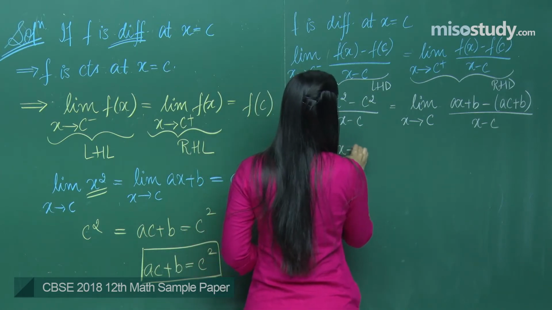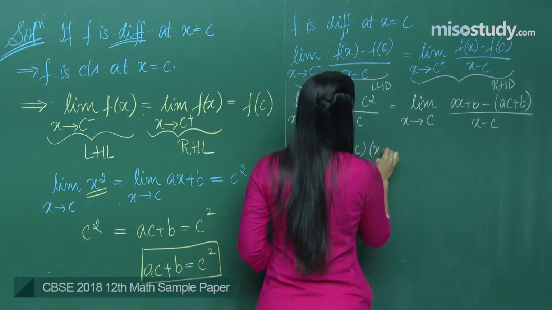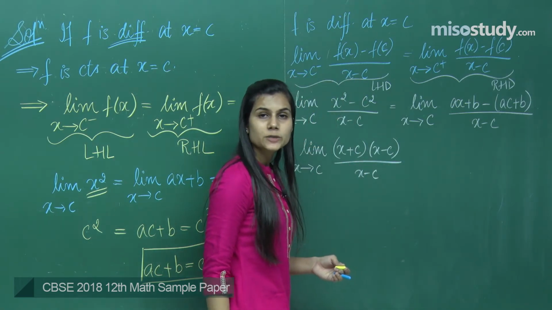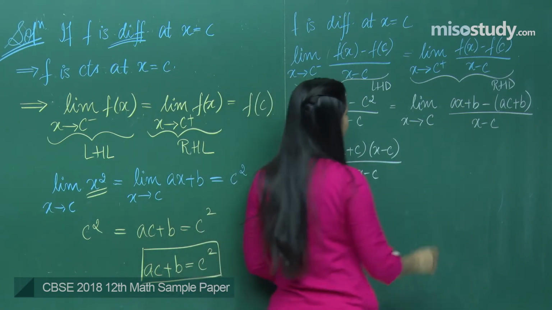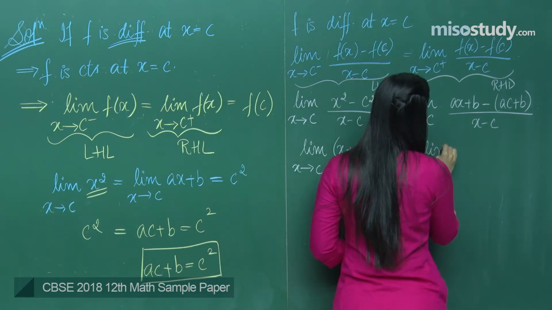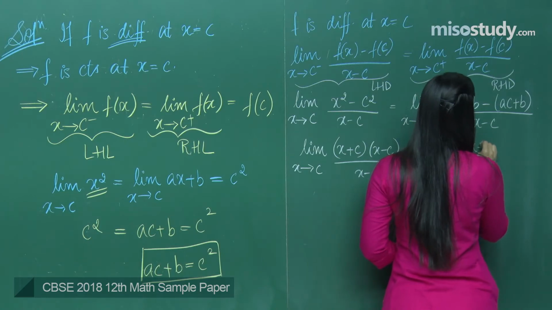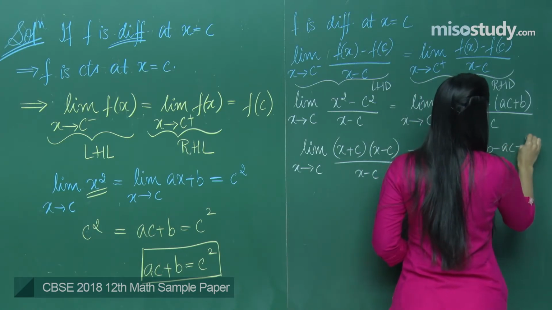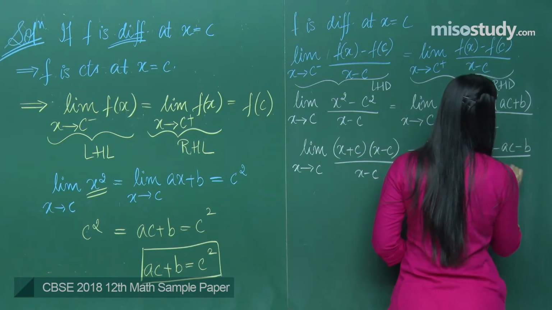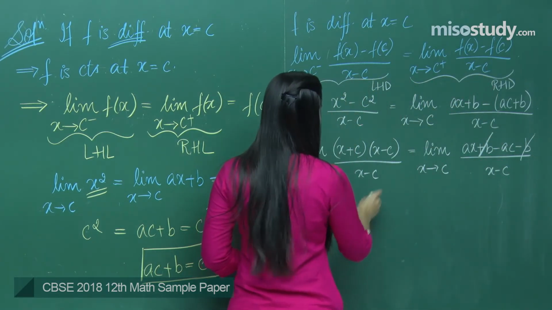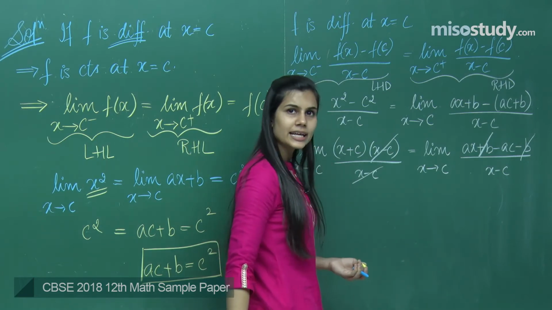This becomes x plus c into x minus c upon x minus c. A square minus b square is a plus b into a minus b. This is, limit x tends to c, ax plus b minus ac minus b. So plus b minus b get cancelled. Over here x minus c gets cancelled.